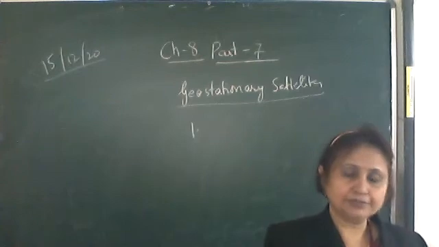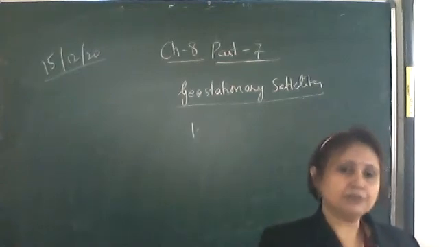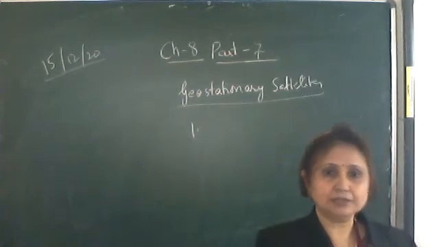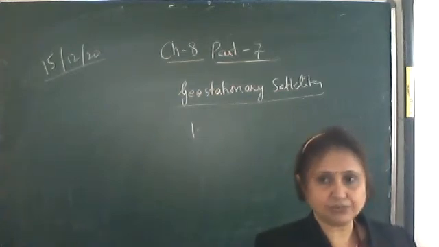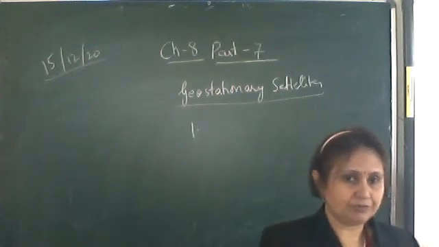So the time period of revolution of the satellite should be the same as the time period of rotation of the Earth, and we know that the time period of rotation of Earth is 24 hours. So this should also complete one revolution in 24 hours.